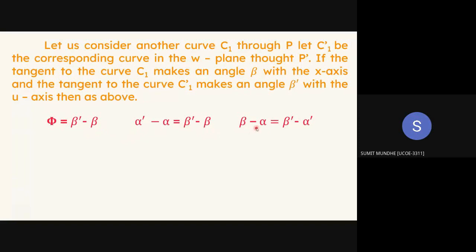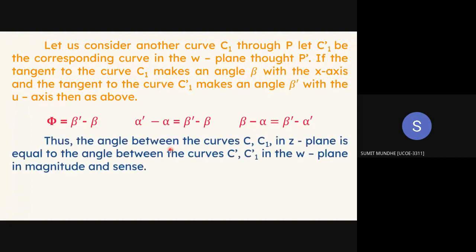Now we move beta to the left hand side and alpha dash to the right hand side. We get beta minus alpha equals beta dash minus alpha dash. Here in the LHS we have the angles of the z plane, and in the right hand side we can see the angles of the w plane.